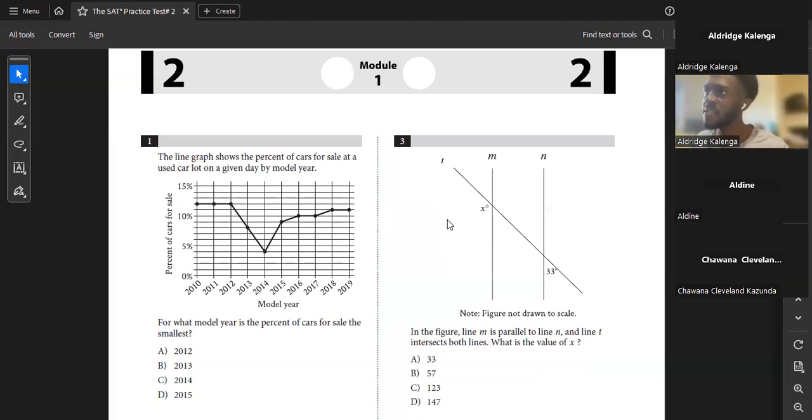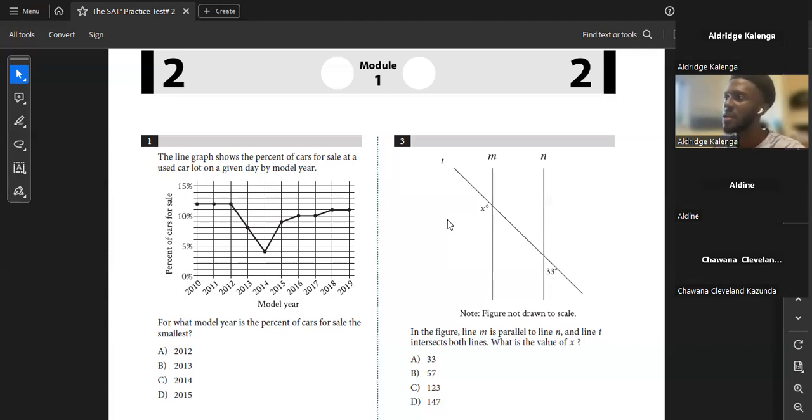The answer is C. It's a very visual question. He doesn't want to tell us why it's C.